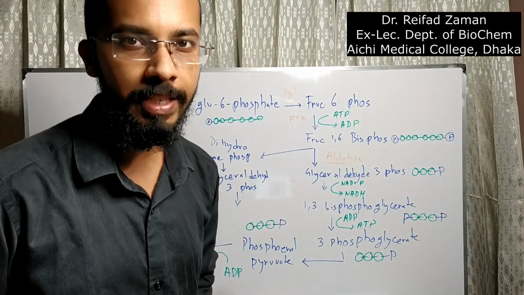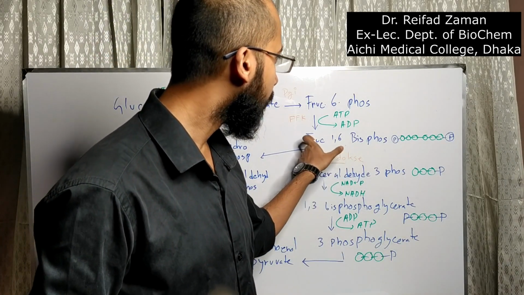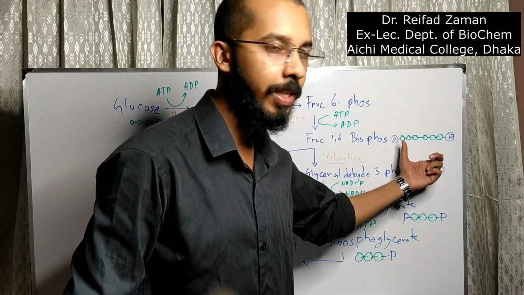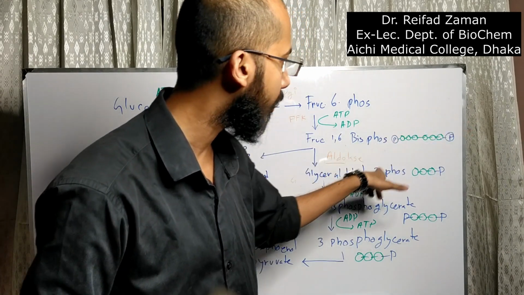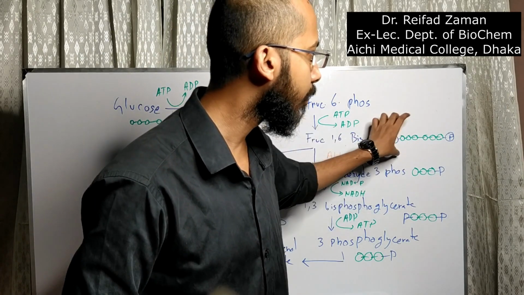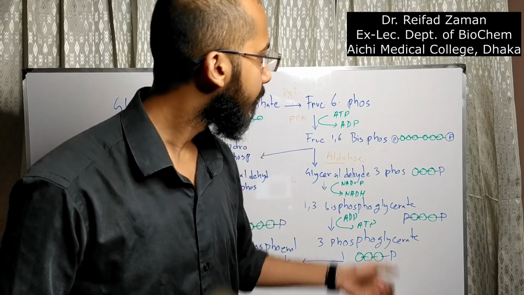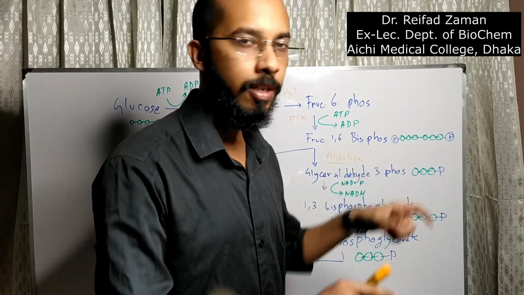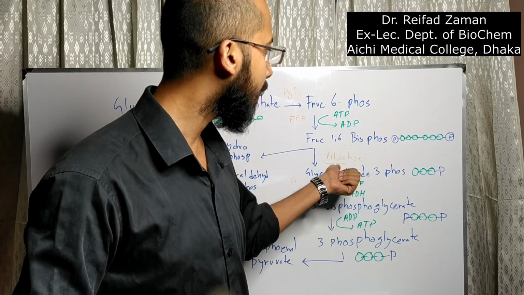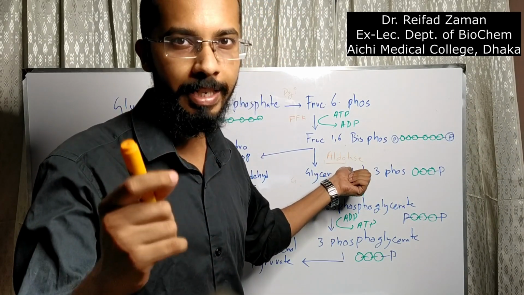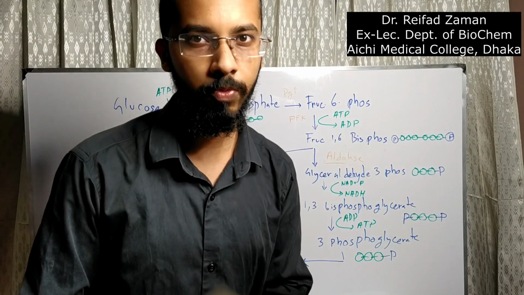Aldo in Italian means tall, and as you can see, the molecule fructose 1,6-bisphosphate is quite a tall molecule and it is being broken down. So aldo, the tall molecule, and lysis, or splitting. So since the tall molecule is broken down, we can remember it like this: aldolase, the enzyme that breaks the tall molecule into a shorter one.